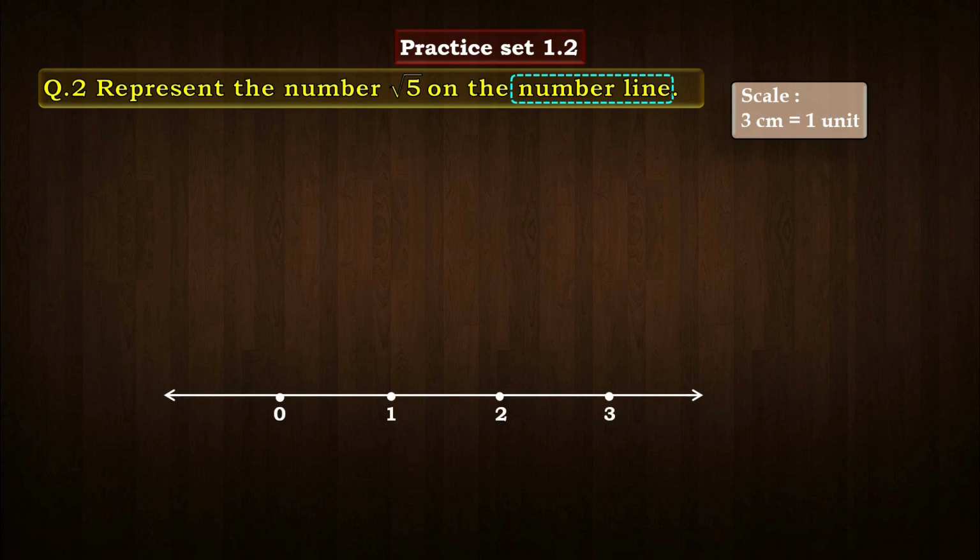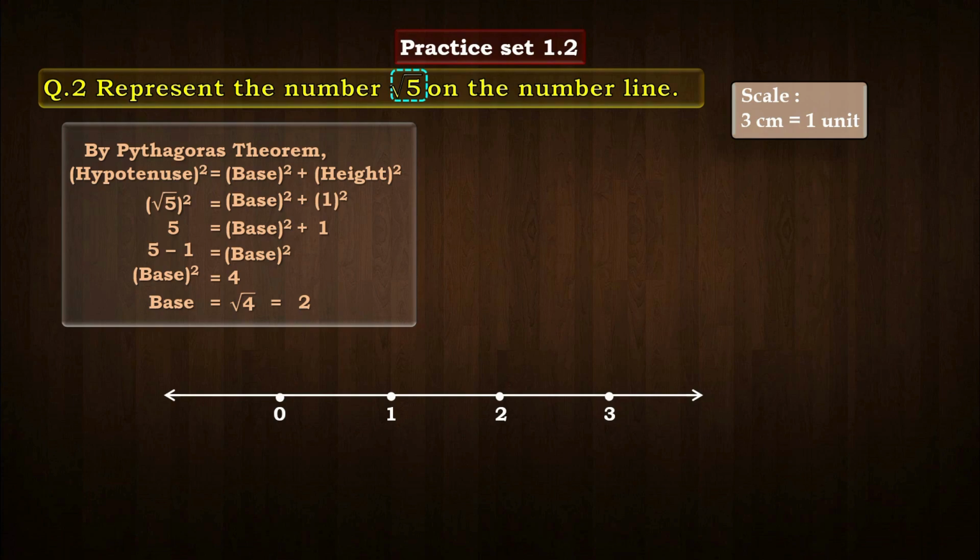And accordingly we will plot the numbers. Now root 5, that will be the hypotenuse. So base, if we find out, we will get base as 2. So we will plot that base on the number line first.